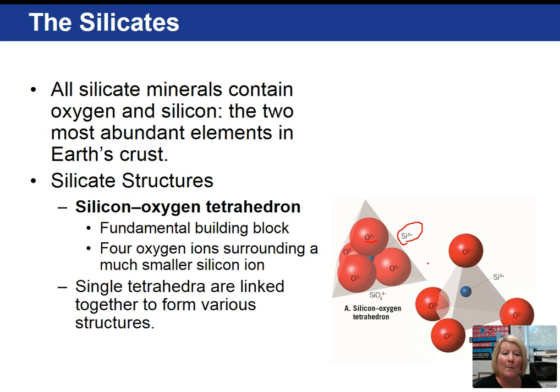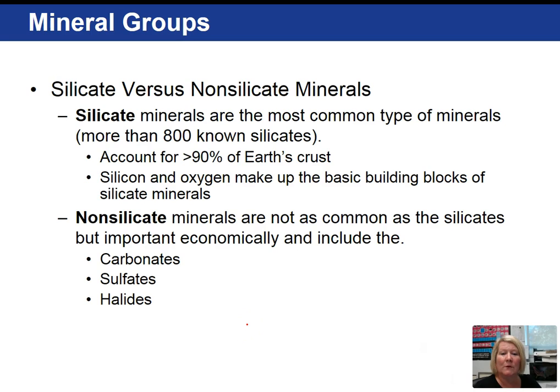As a result, positive ions are attracted to the negative silicon-oxygen tetrahedron. Non-silicate minerals aren't as common as the silicates, but they are often economically important. Carbonates, sulfates, and halides are 3 such classes.